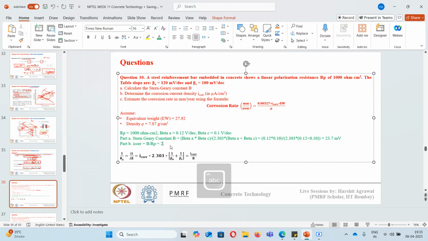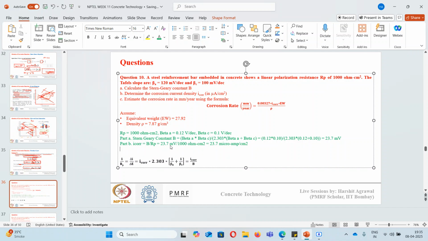So it is 23.7 millivolt divided by 1000 ohm centimeter square. If I convert millivolt into volt and do the calculation, it will be 23.7 into 10 to the power minus 6 ampere, so 23.7 microampere per centimeter square. This will be my I_corr value.